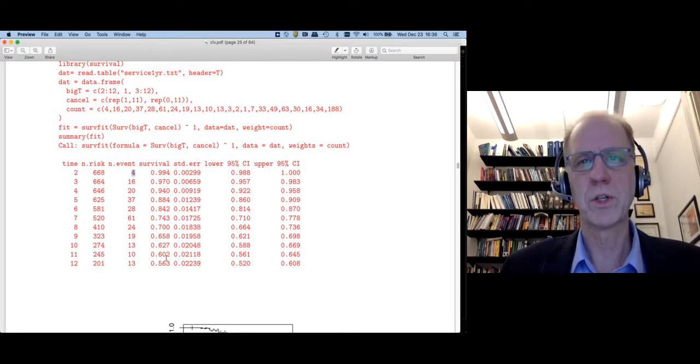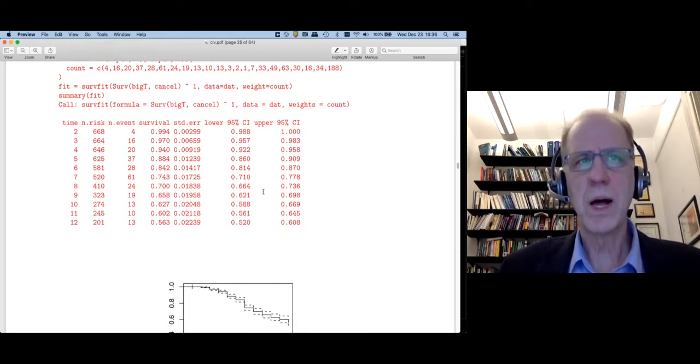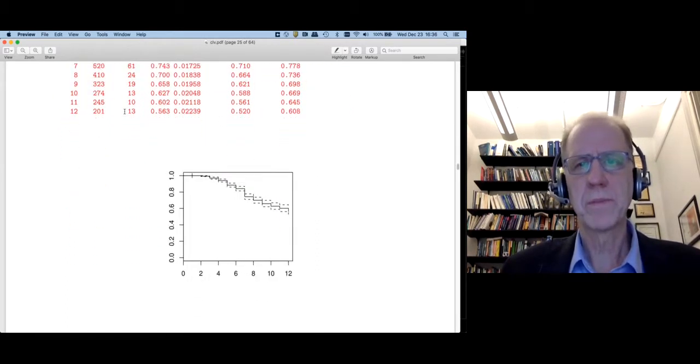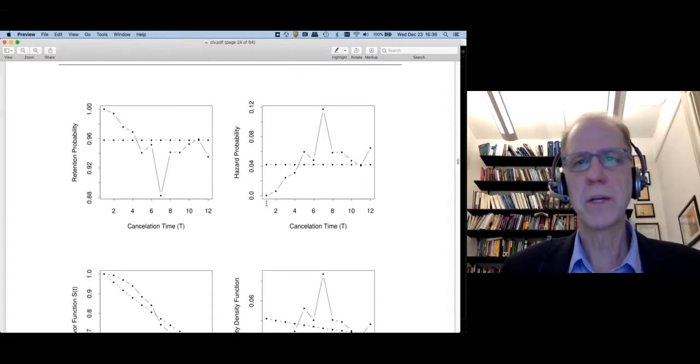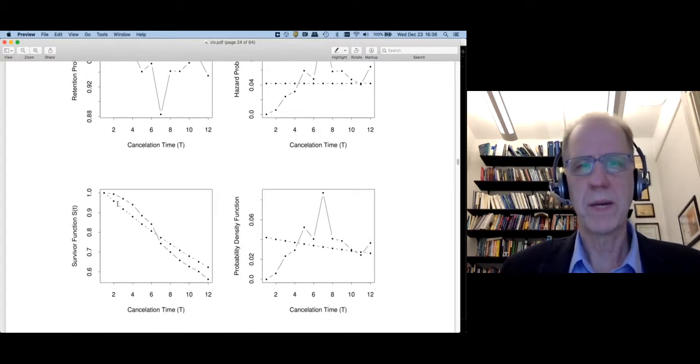Here's your survival function. And it actually computes a standard error for us with a confidence interval. If you plot a fitted object, you get the survivor function, which looks a lot like the one that I created by hand back here.